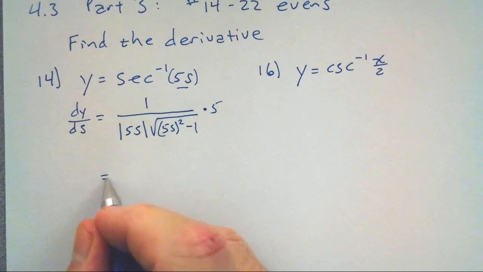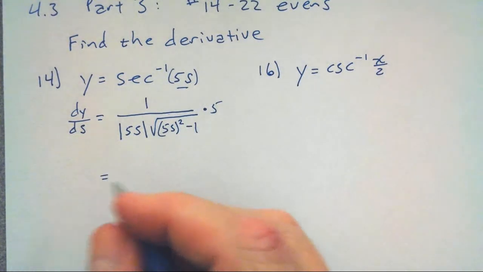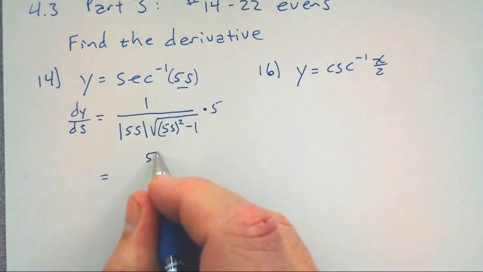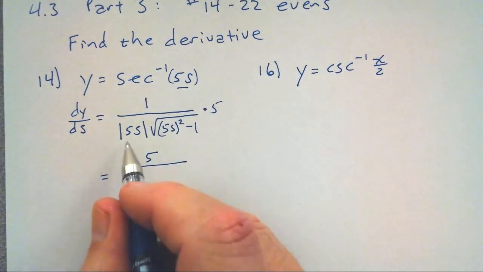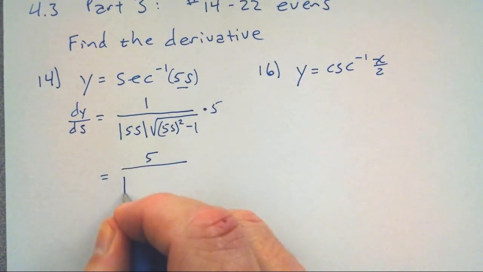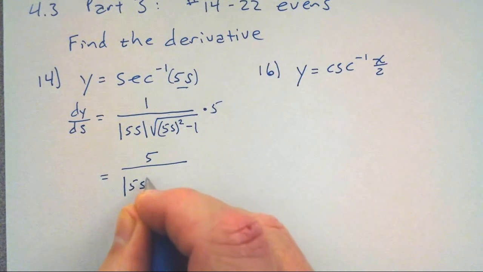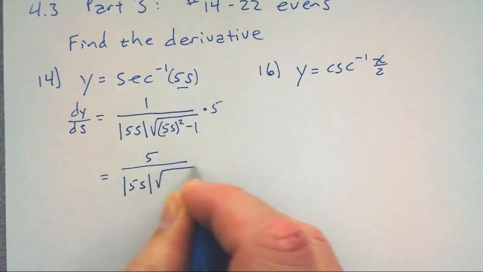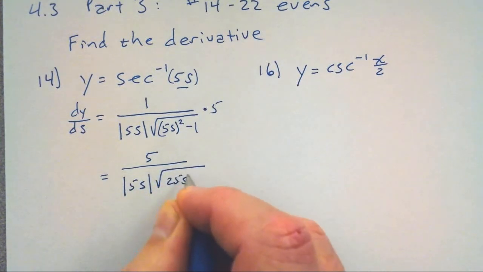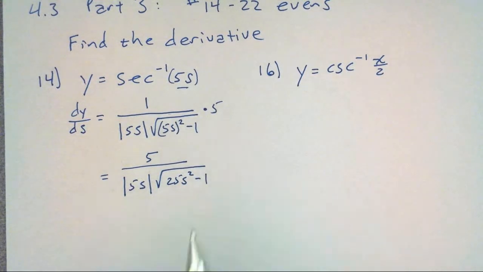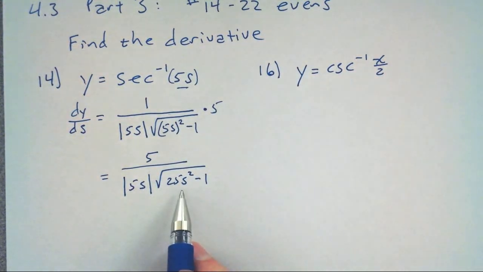So at this stage we get 5 over the absolute value of 5s times the square root of 25s squared minus 1. So see anything that we can do with this?